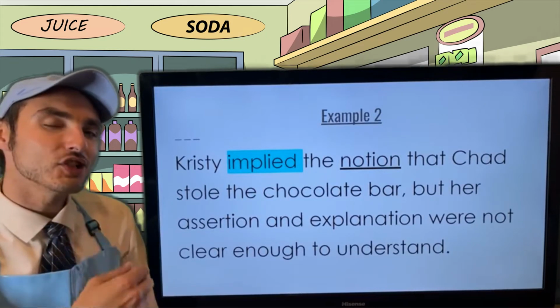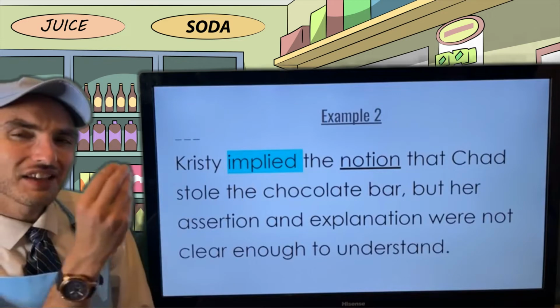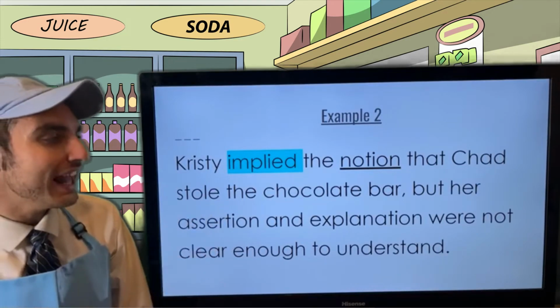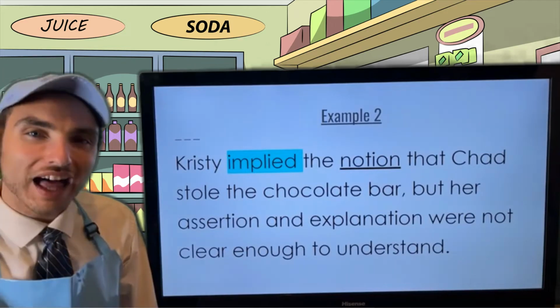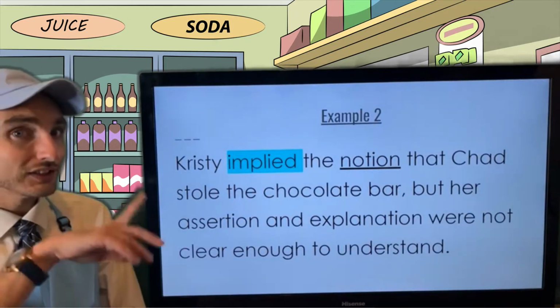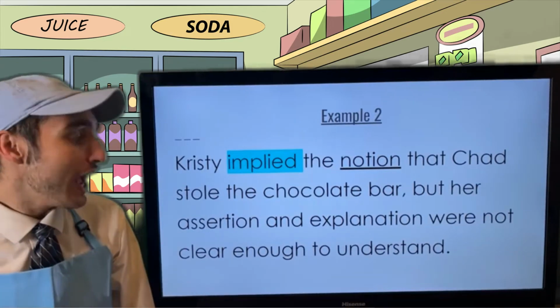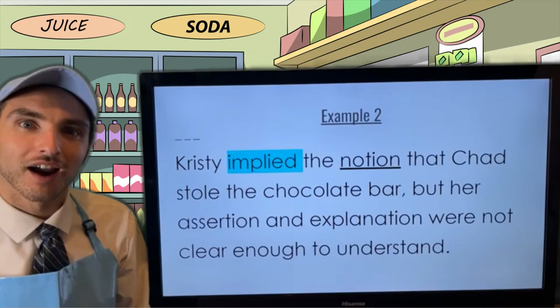She implied it. She didn't directly state it. And the reason why is that her assertion and explanation, they weren't clear. Since they were implied, they weren't stated directly. So, sorry, Christy. Looks like Chad might have gotten away with that chocolate bar.